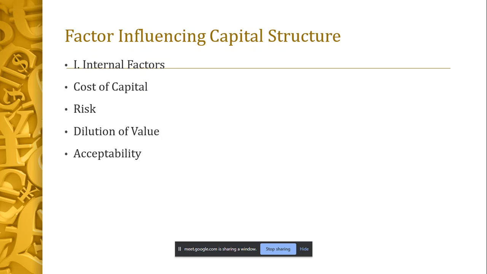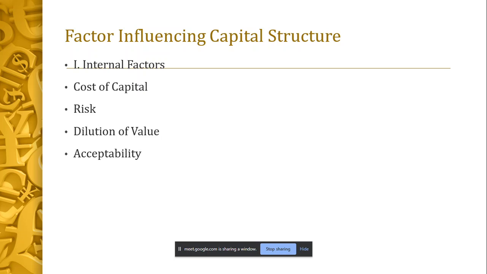The next one is acceptability. Acceptability from whom? Acceptability in terms of what? What are we trying to tell here? Whose acceptability would influence a company's capital structure is the question. An organization can only borrow funds if the investors are willing to give it.